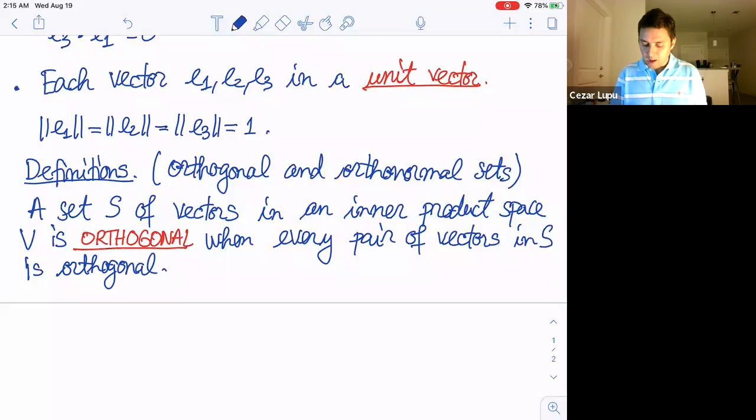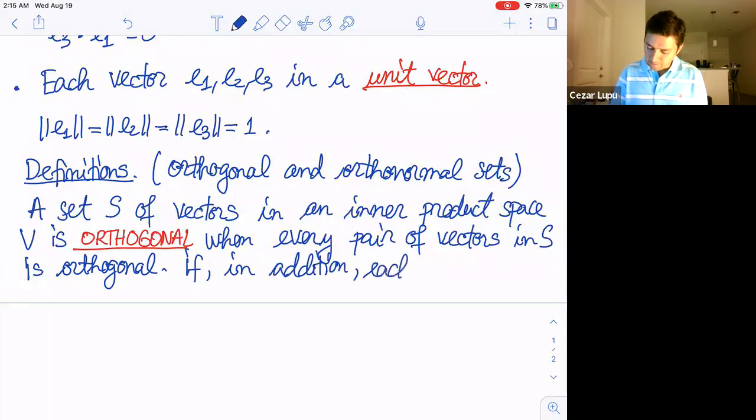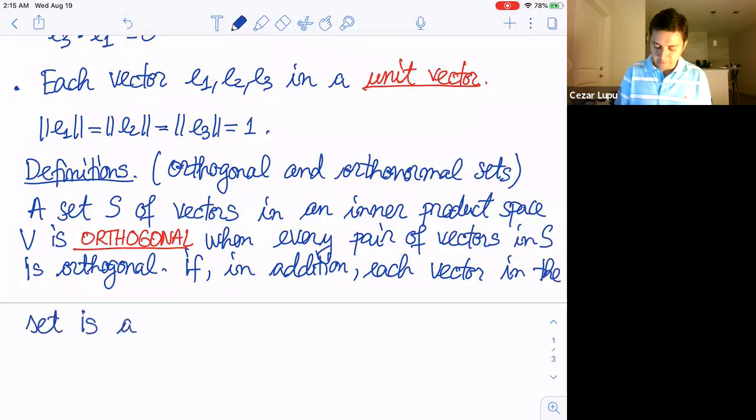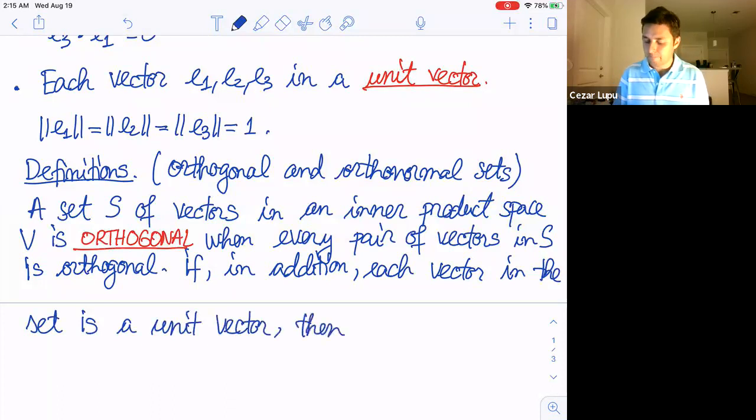If, in addition, each vector in the set is a unit vector, then S is what we call orthonormal.